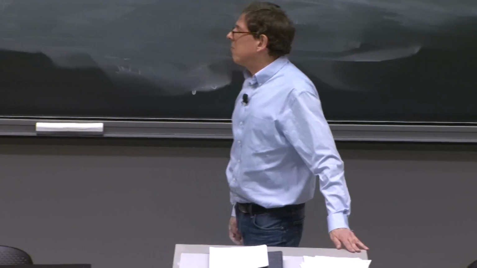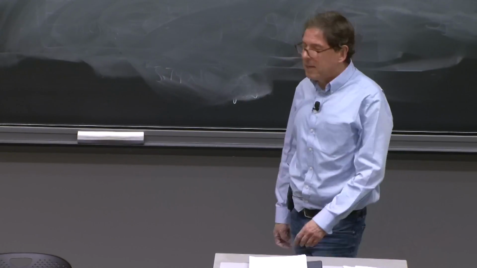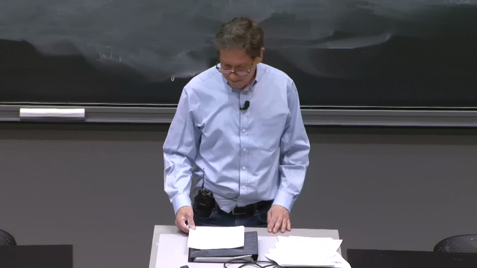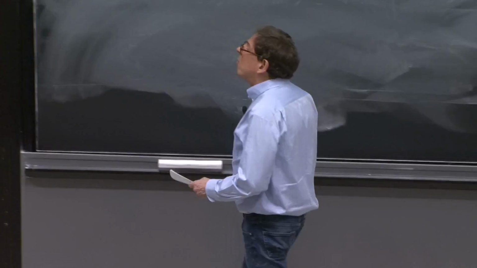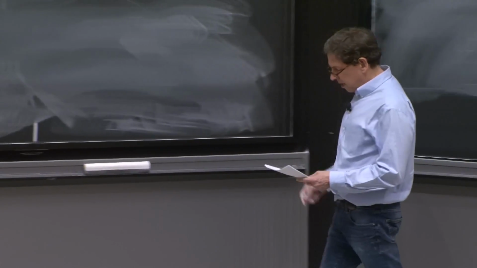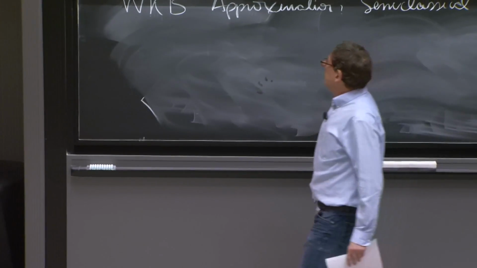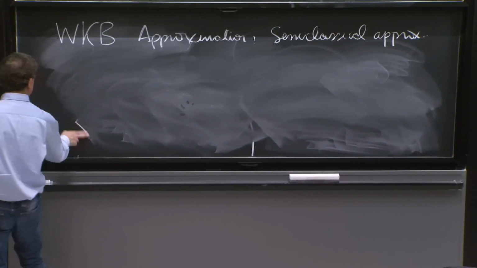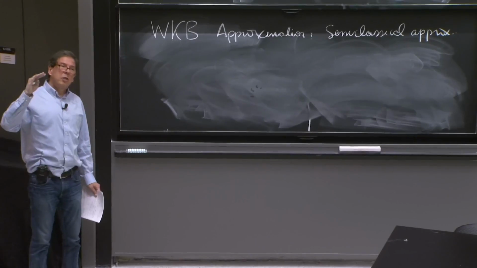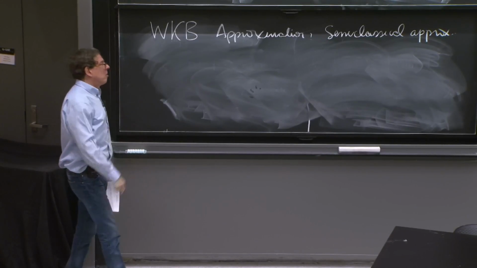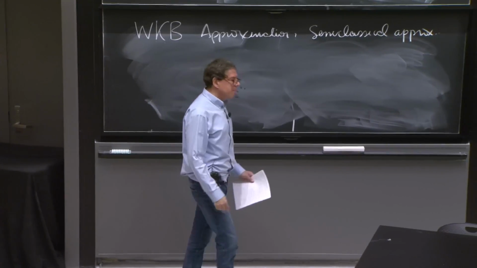So some people write JWKB, but we will not do that. We'll note Jeffreys, but we'll follow this more standard notation. So these people were dealing with differential equations with slowly varying spatial coefficients. That was the main thing.